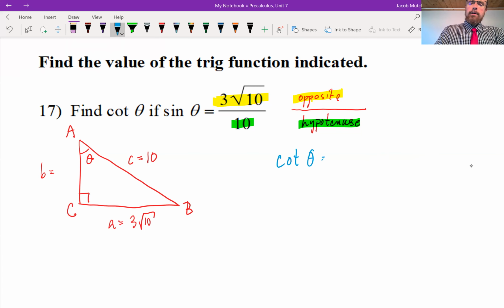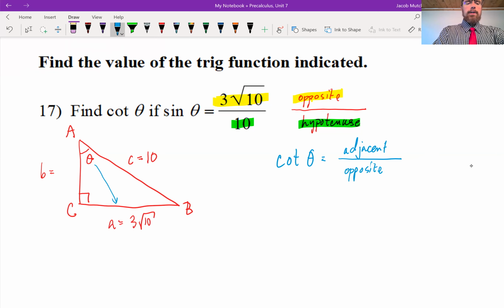Cotangent of theta, it's the reciprocal of tangent. Tangent was opposite over adjacent, so cotangent is going to be adjacent over opposite. So looking at my triangle, I definitely have the opposite side length.